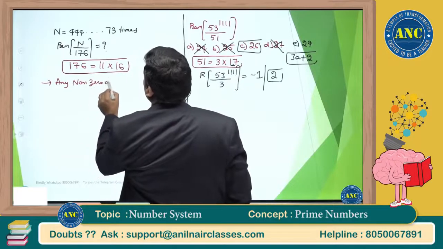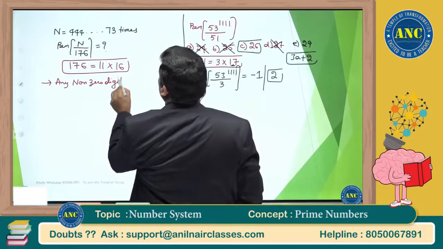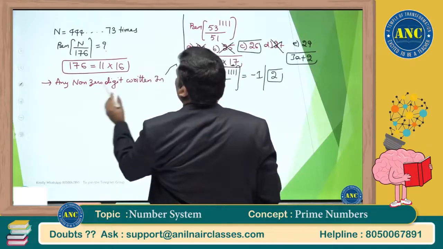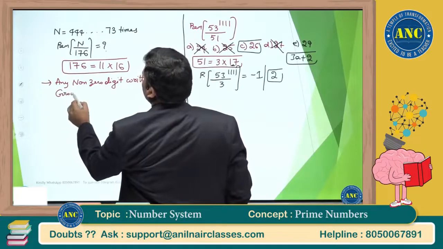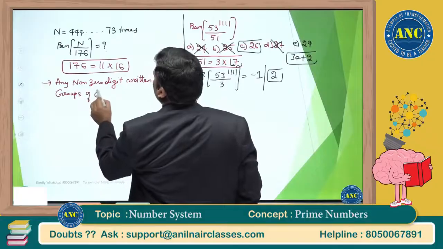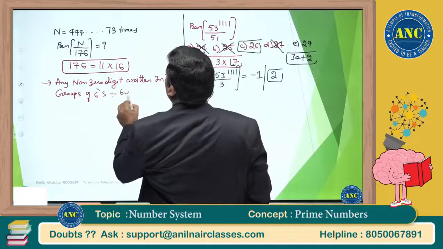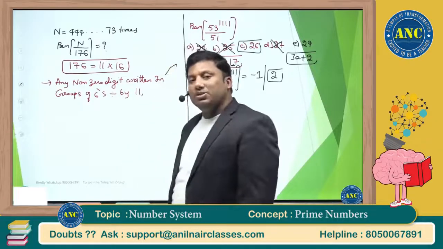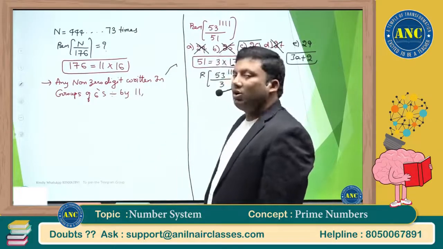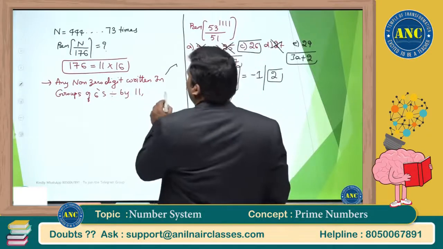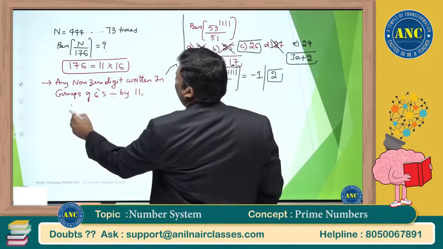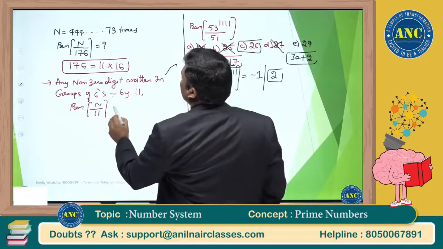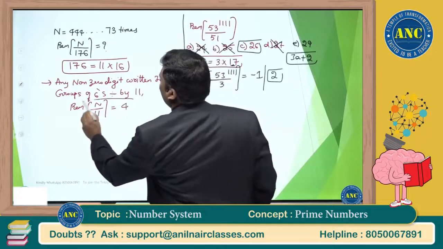Any non-zero digit written in groups of 6 is always divisible not only by 7 and 13 but also by 11. 6 times it is 0, 12 times 0, 72 times 0. So with 11, if I divide this number by 11, what will be the remainder? 72 times it is 0. One more 4 will be there.